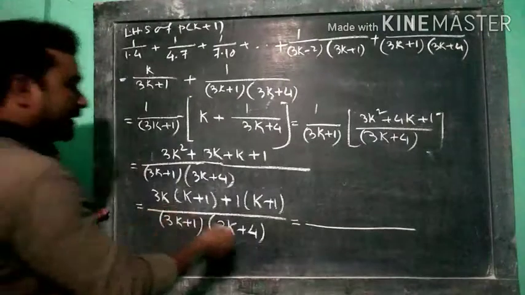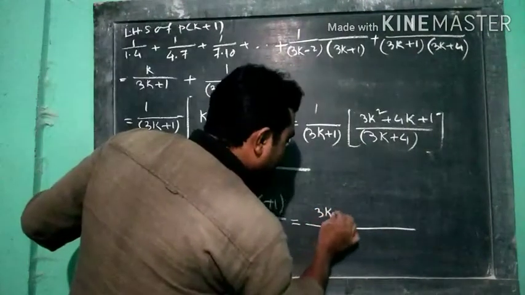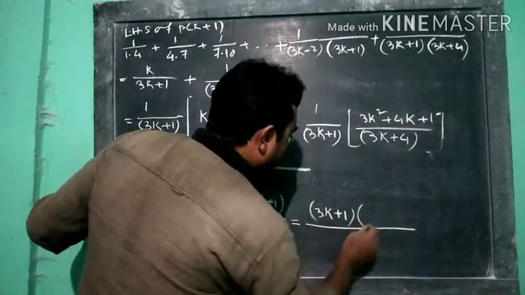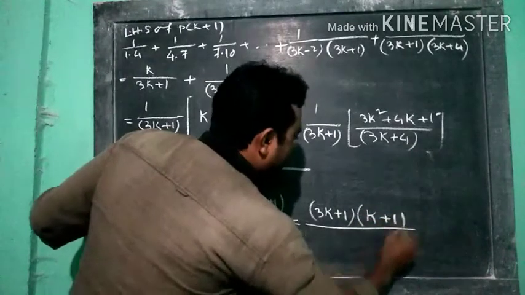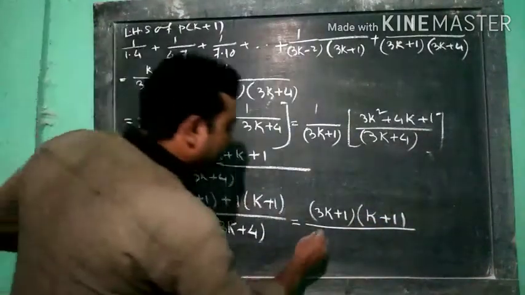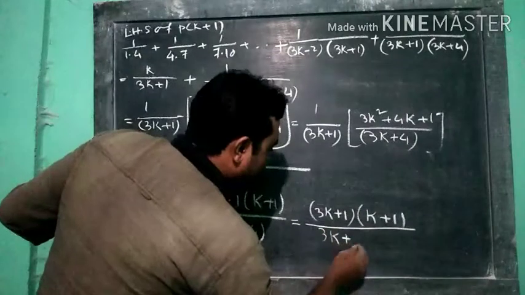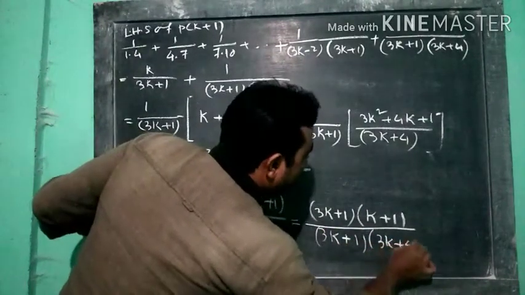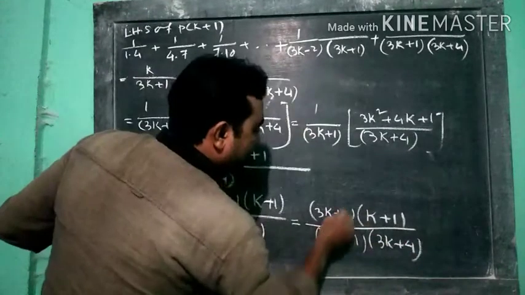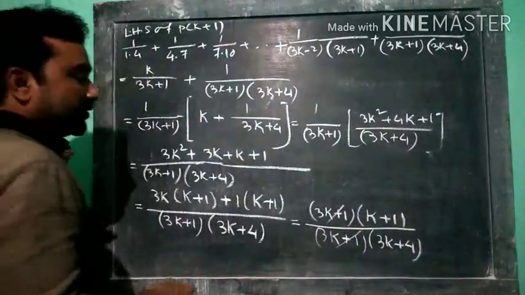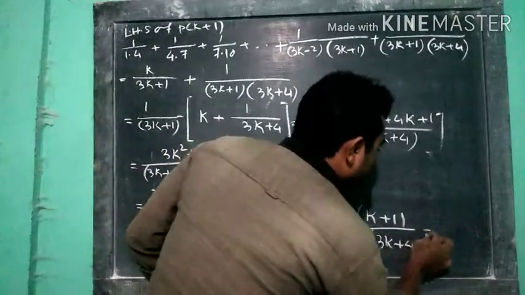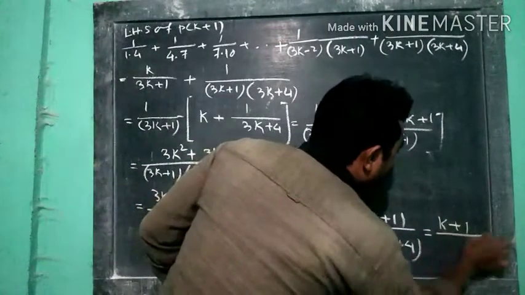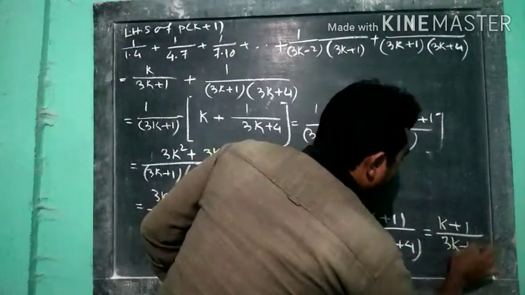So this is equal to what? This is equal to 3k plus 1 whole into k plus 1 divided by 3k plus 1 whole into 3k plus 4. So this term and this term cancel out, so remaining is k plus 1 divided by 3k plus 4.